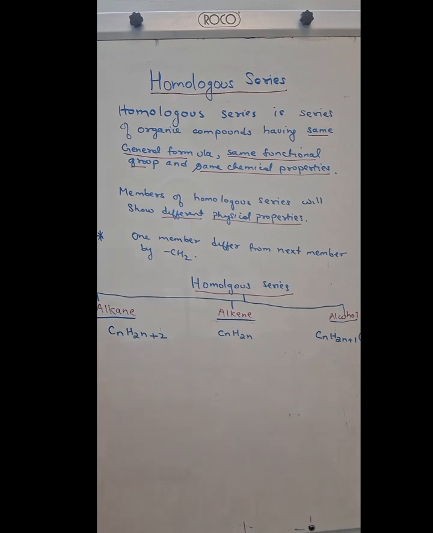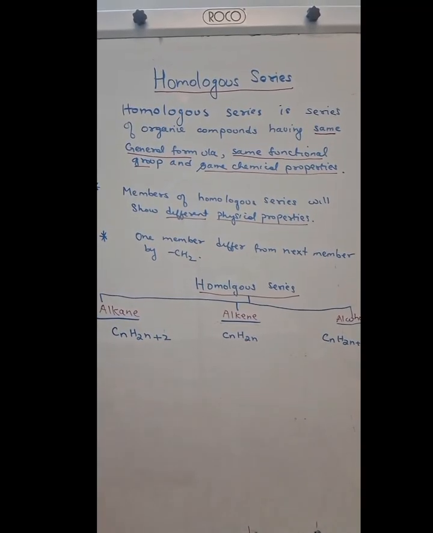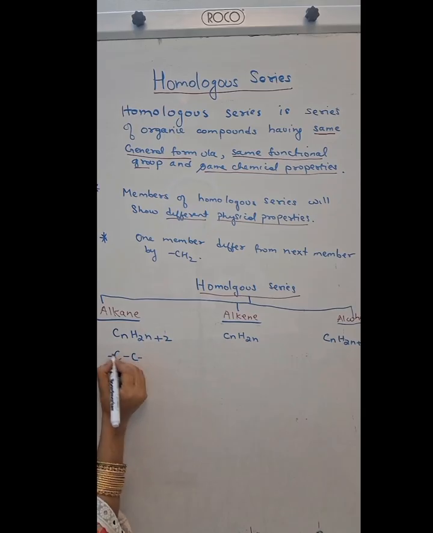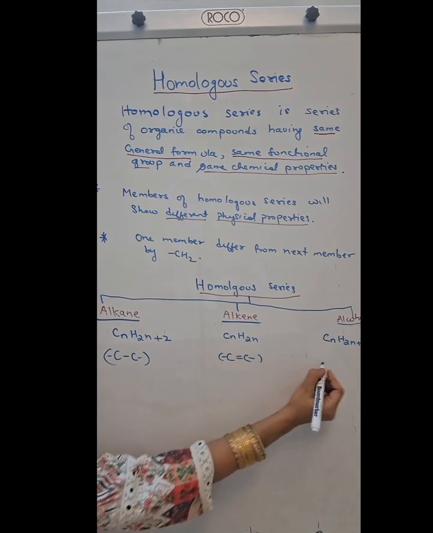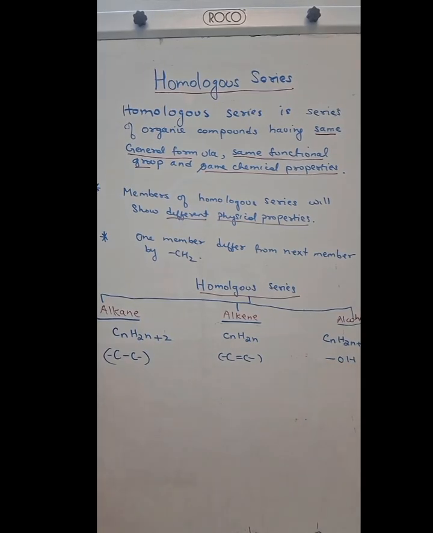Next we will talk about the functional group. The functional group is carbon-carbon single bond here, carbon-carbon double bond here, and OH here. Chemical properties we can't show here, because chemical properties means we need to show the reactions.